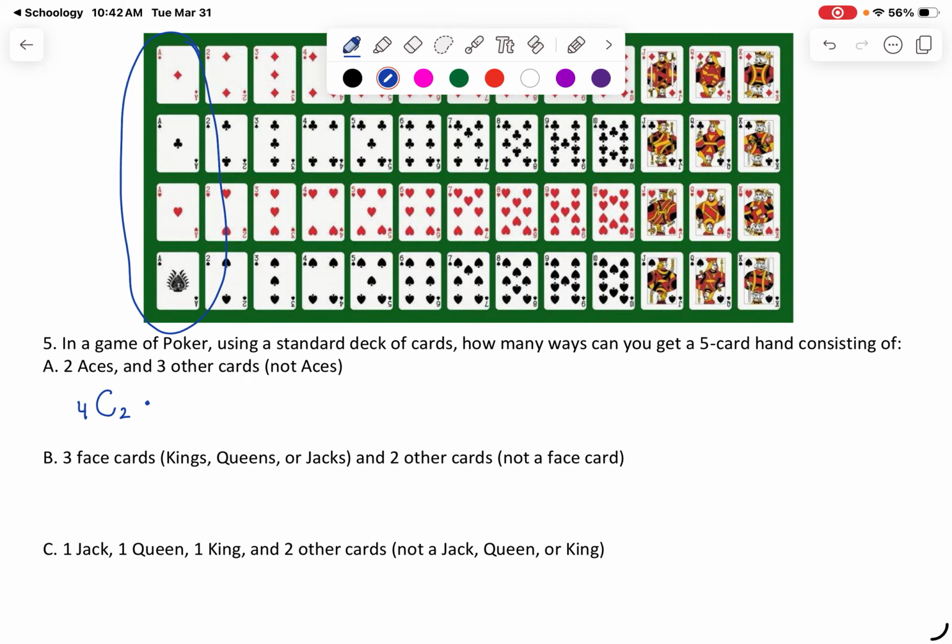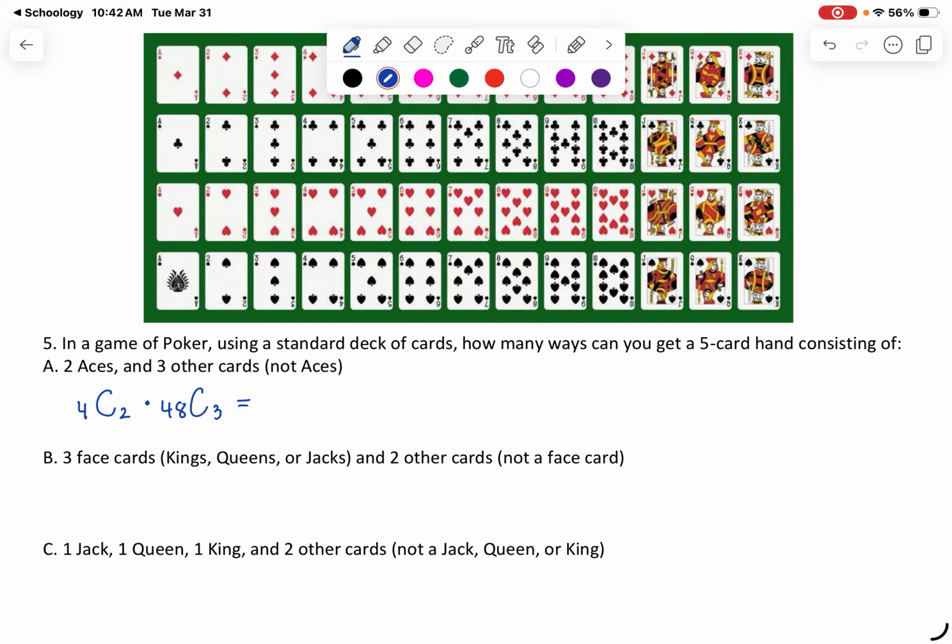There's 3 other cards, so we're not looking at the aces anymore. If I take away the aces, there's 48 cards left, and you are choosing 3 of those at random. So we have 4 choose 2 times 48 choose 3.